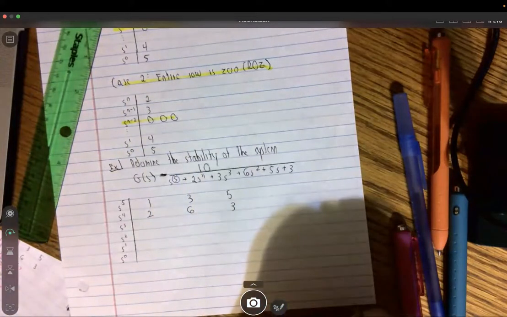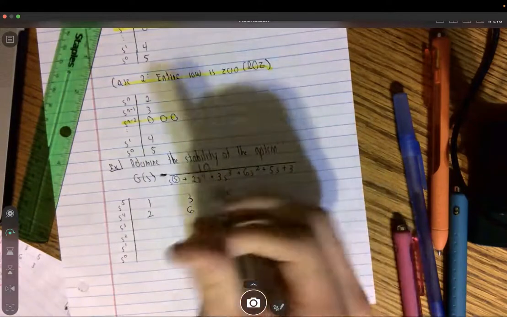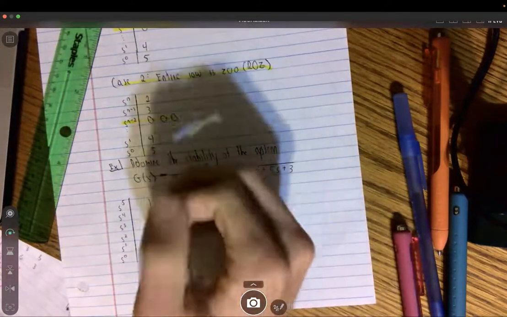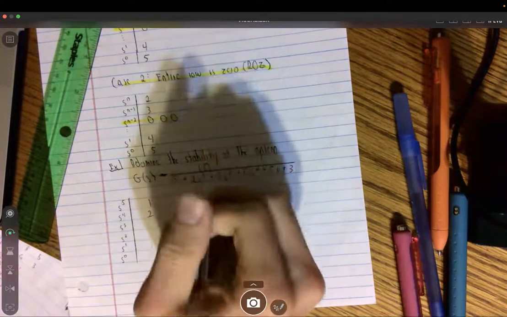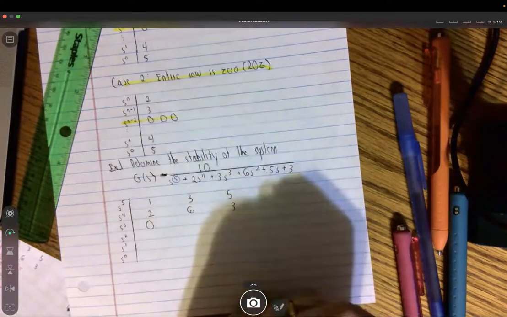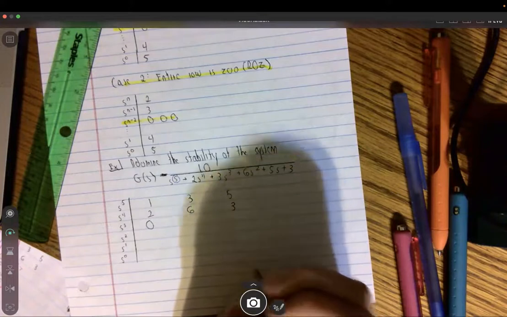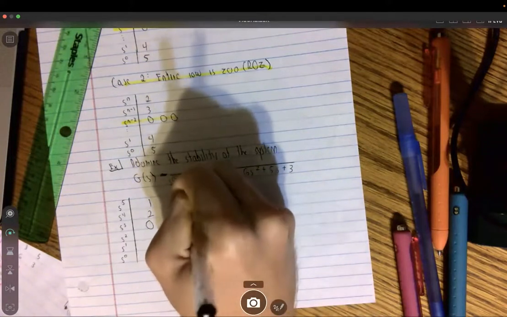Now we do the determinant. When you do the determinant here, you get 6 minus 6 over -2, which is 0. And when you do the other one, you get 7 over 2.